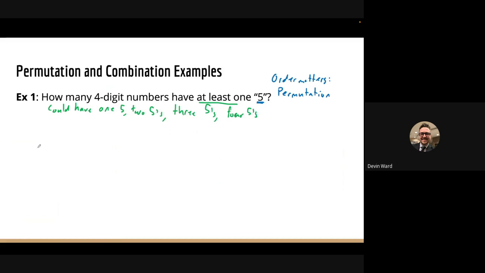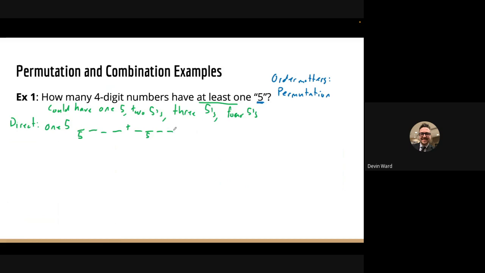So how do we solve it? You could either do it directly, where if we're saying 1 5 in it, remember we have our restrictions down here and then the number of options down here. So we could have the 5 in this spot, and then it doesn't matter what's here. We could have the 5 in the second spot.